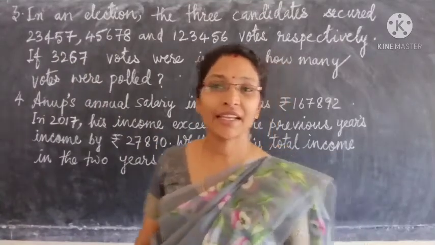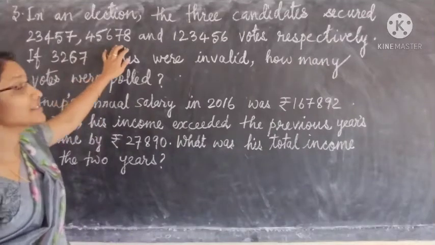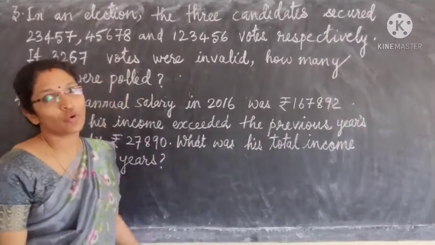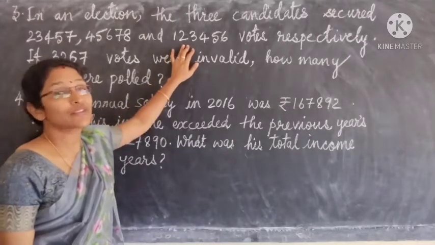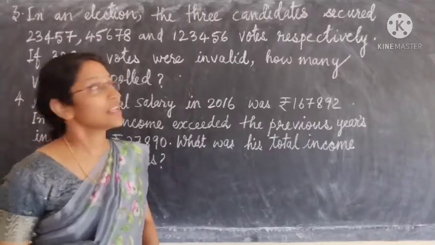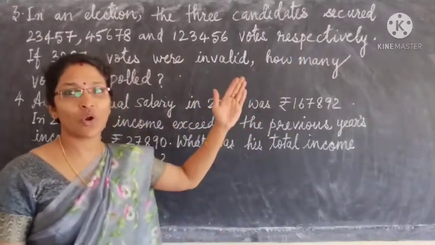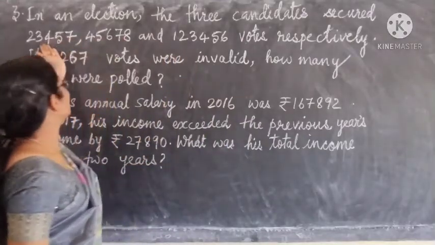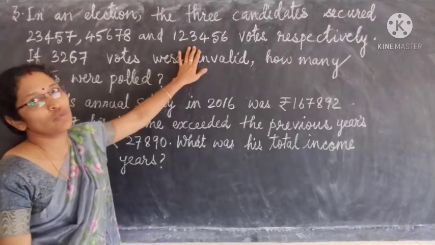And the second candidate secured 45,678 votes. And the third candidate secured 1,23,456 votes. That is what is used here respectively, means in this order. First candidate this number, second candidate this number, and the third candidate so many votes.